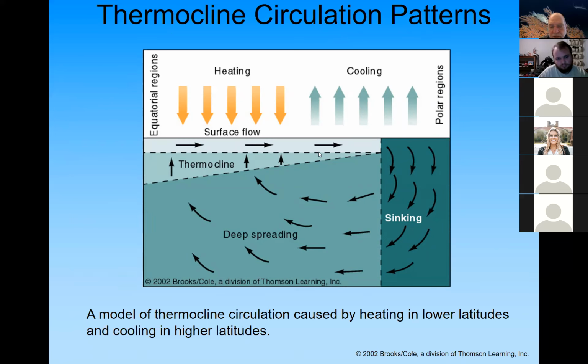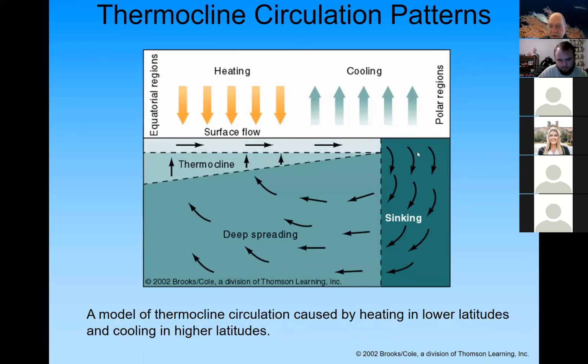So you have relatively warm, salty water mixing with much colder, relatively fresh water. And when you combine these two of similar densities, but different temperature and salinity regimes, you get this sinking effect.